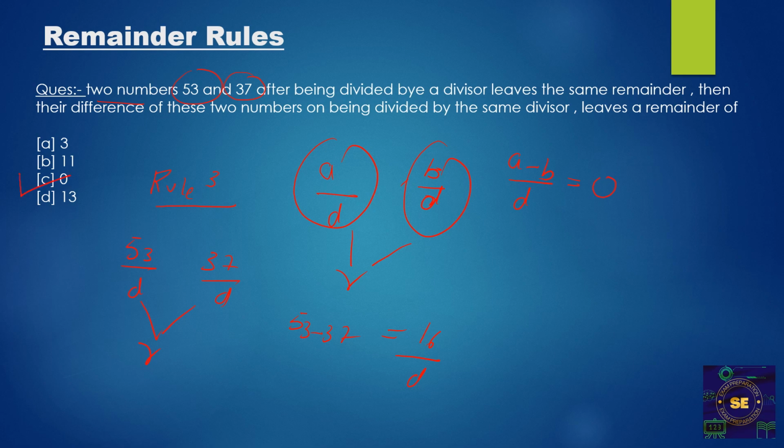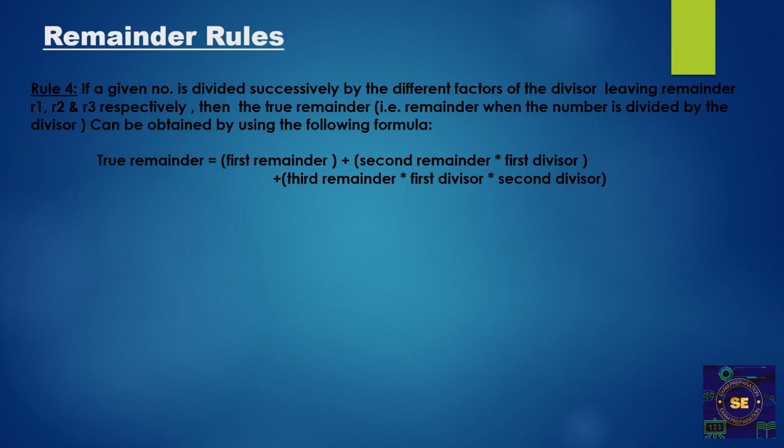Now move to rule number 4. If a given number is divided successively by different factors of the divisor, leaving remainders R1, R2 and R3 respectively, then the true remainder, that is the remainder when the number is divided by the divisor, can be obtained using the formula.